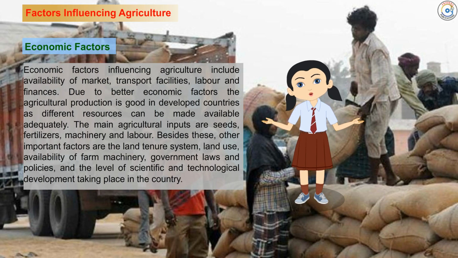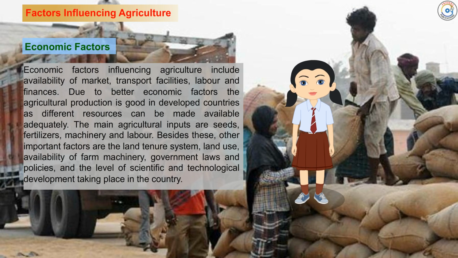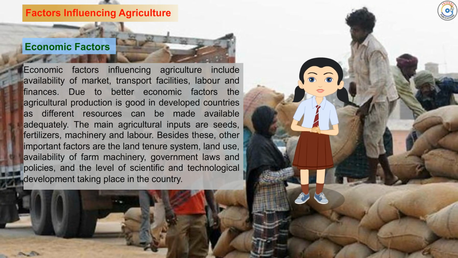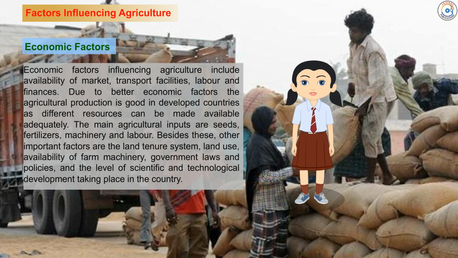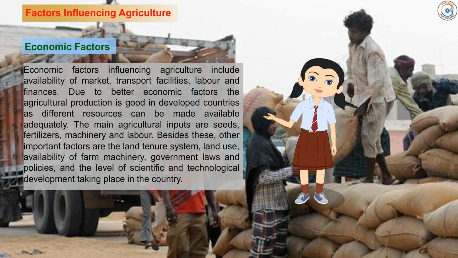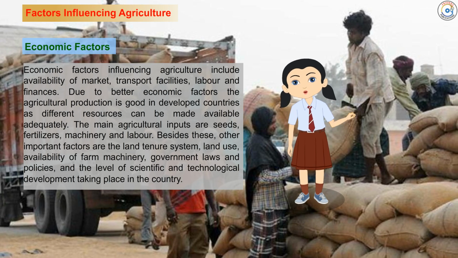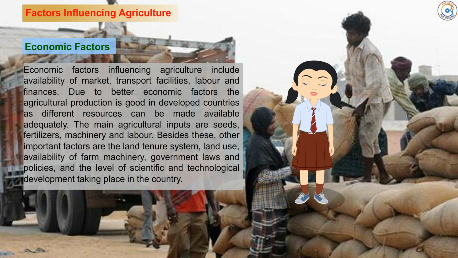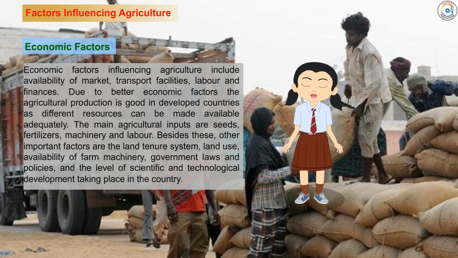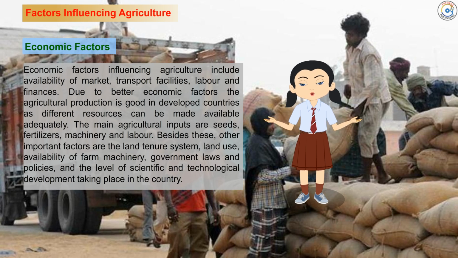The main agricultural inputs are seeds, fertilizers, machinery and labor. Besides these, other important factors are land tenure system, land use, availability of farm machinery, government laws and policies, and the level of scientific and technological development taking place in the country.